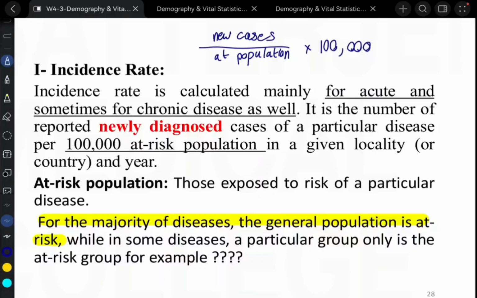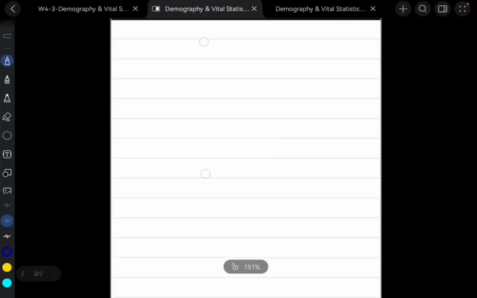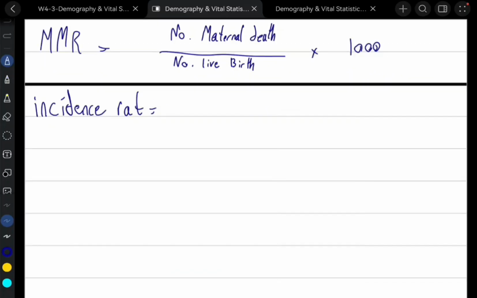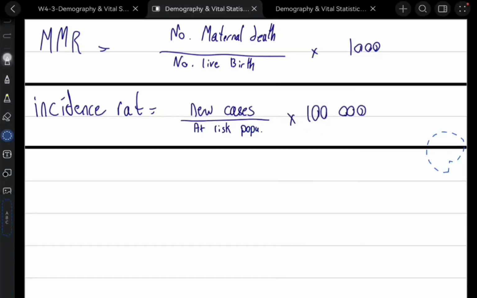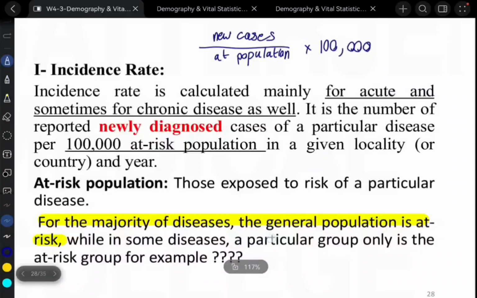I do remember that I read somewhere that you can use 1,000 here, but it says 100,000, so let's keep it that way. So let's write it over here. Amazing.